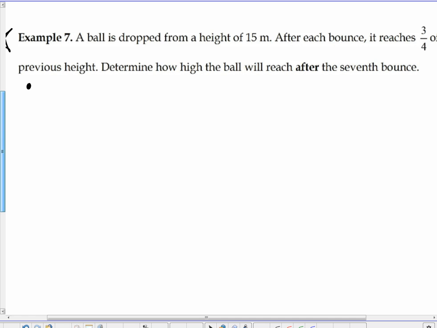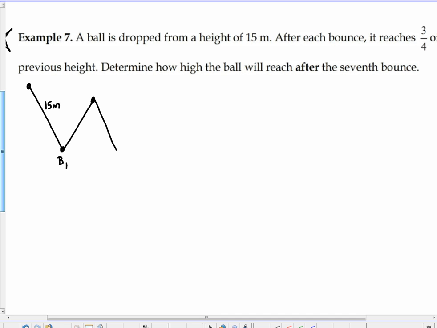So it starts here, and it falls, right? Now I'm going to really spread this out. So instead of drawing it like straight up and down, I need to spread it out. Here's my first bounce, and it fell 15 meters first, right? And then it goes 3/4 its previous height.